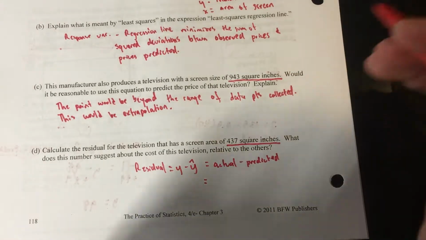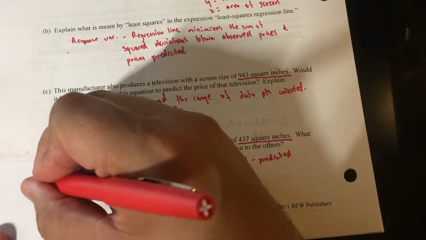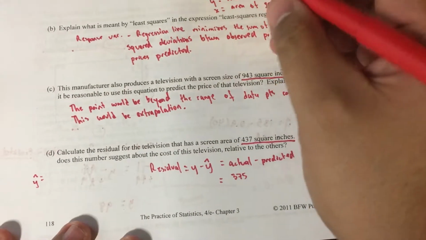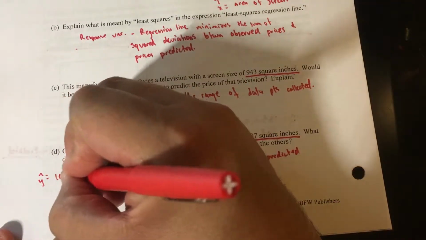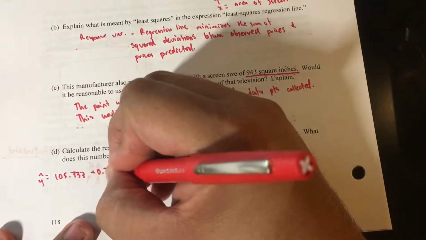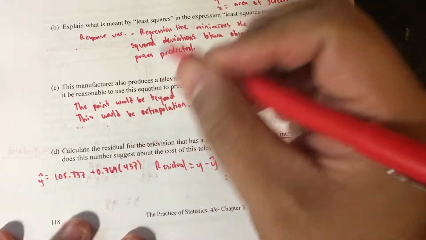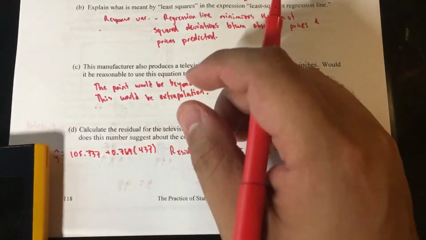So the actual price here was 375, and the predicted we can find over here. So the equation was 105.737 plus 0.769 times 437. So go ahead and find that number.